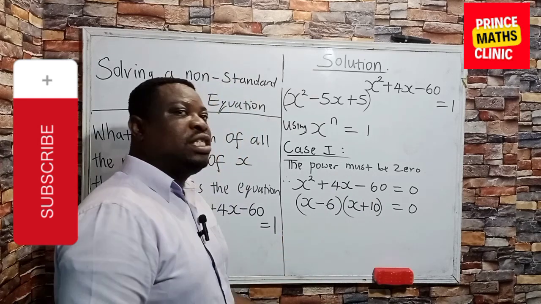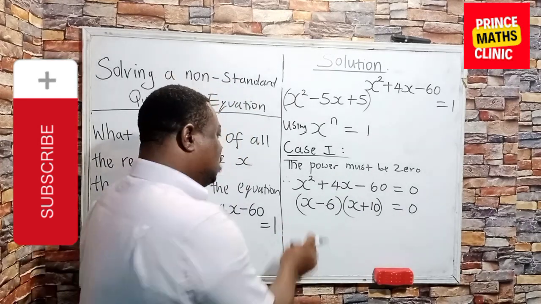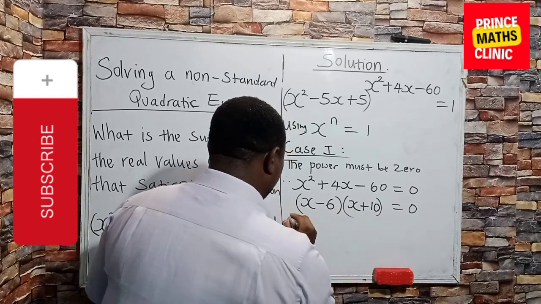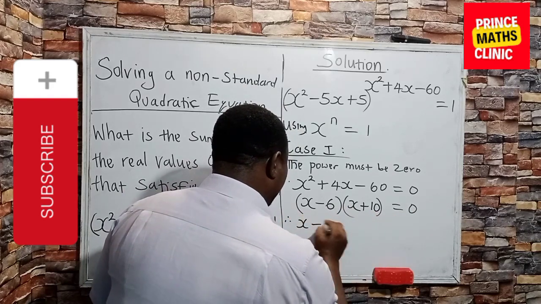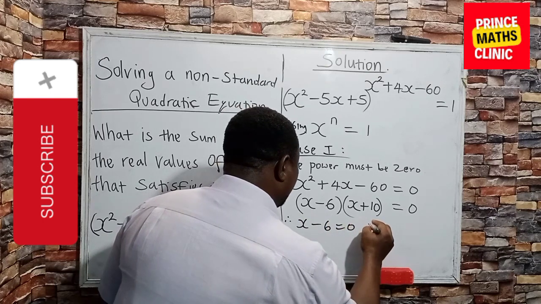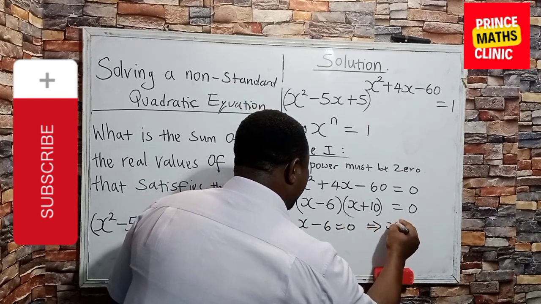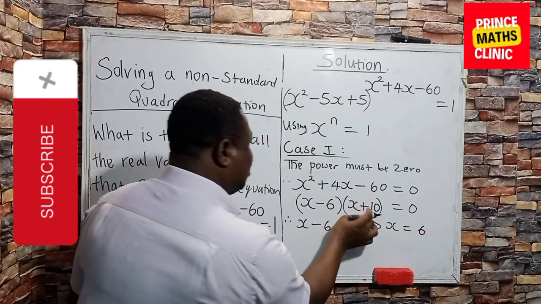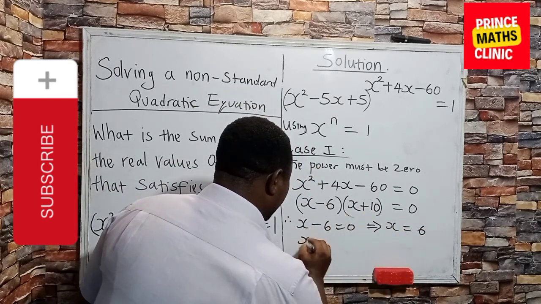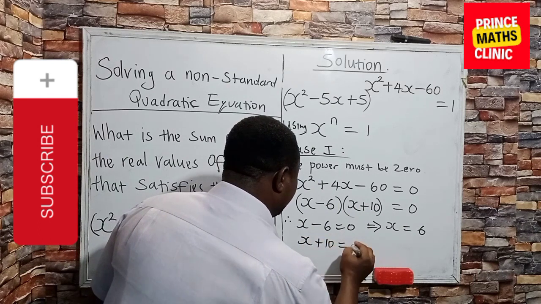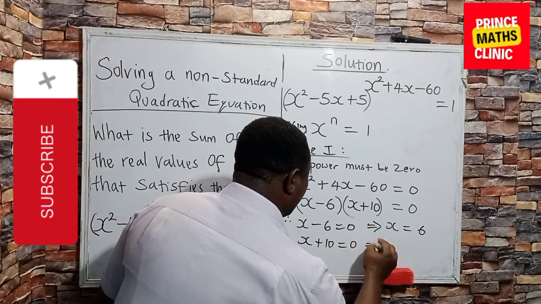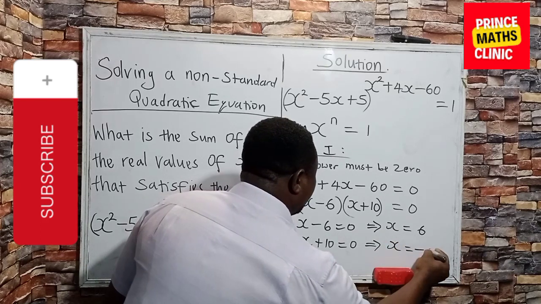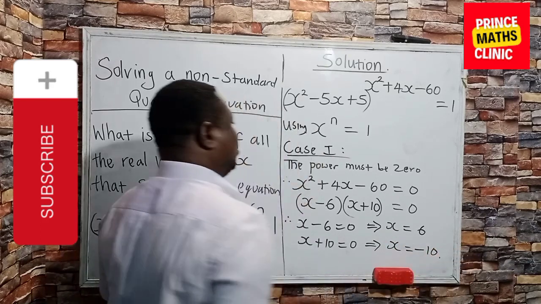And introducing the zero product rule, it means that any of these values can be equal to 0. So therefore, x minus 6 equals 0, which implies that my x will be equal to 6. Then also, x plus 10 equals 0, which also implies that my x can be equal to negative 10.